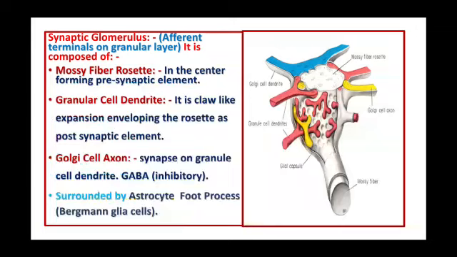Then the granule cell dendrites envelop the rosette as postsynaptic element. Apart from this, we have the Golgi cell axons which synapse on the granule cell dendrites. Surrounding this synaptic glomerulus, we have the astrocyte foot processes or Bergmann glial cells.